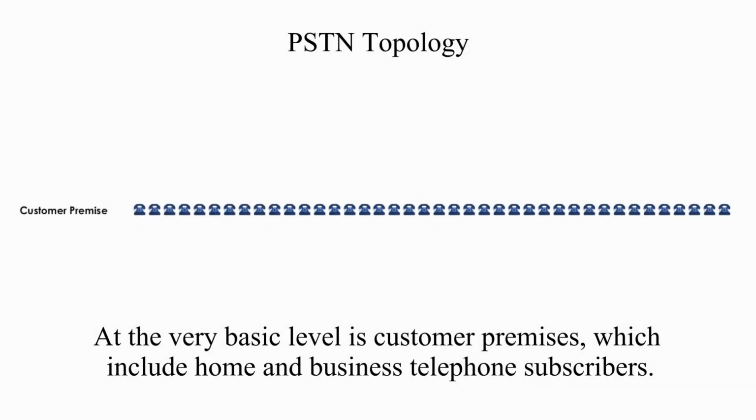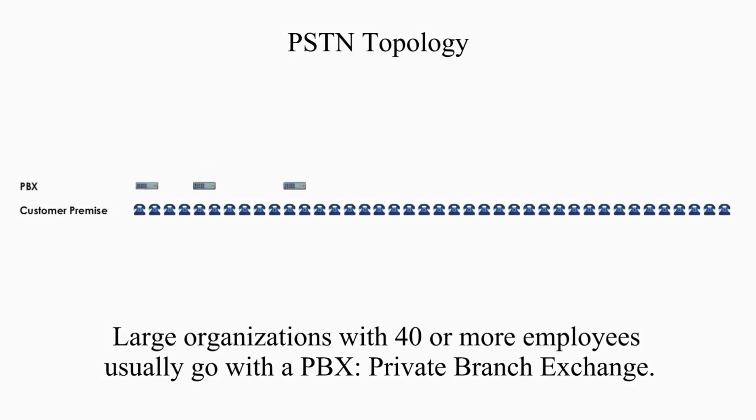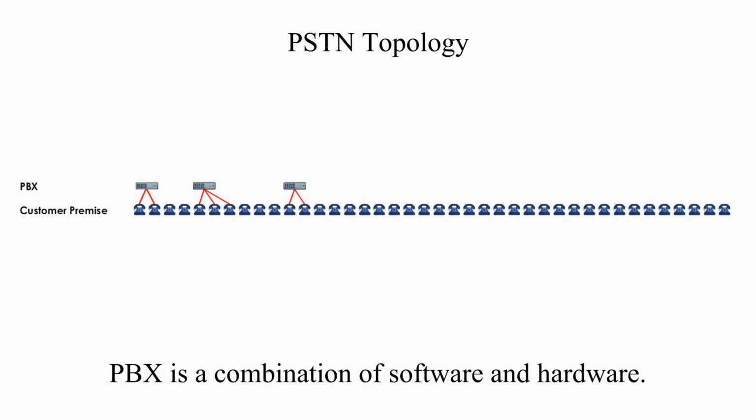At a very basic level is customer premises, which include home and business telephone subscribers. They are the PSTN users. Large organizations with 40 or more employees usually go with a PBX, Private Branch Exchange.